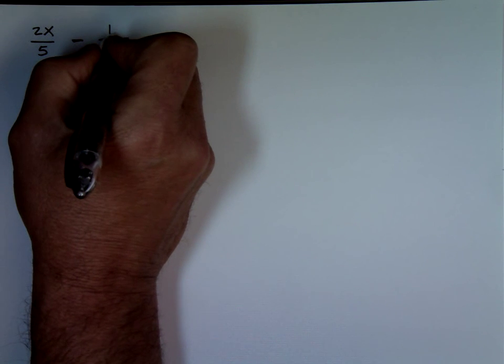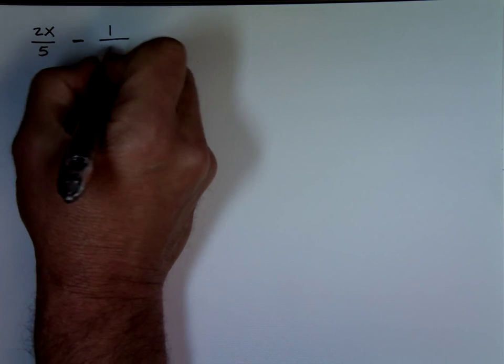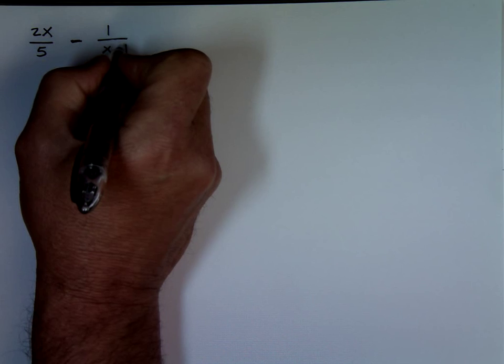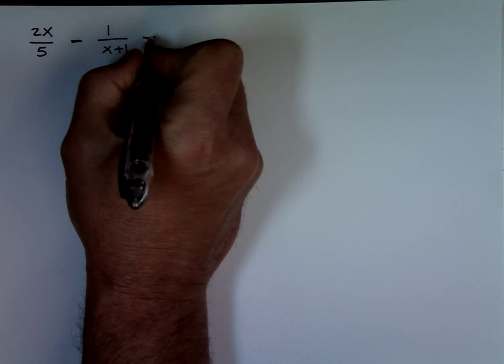Let's say we have 2x over 5 minus 1 over x plus 1 minus x minus 1 over 4x.